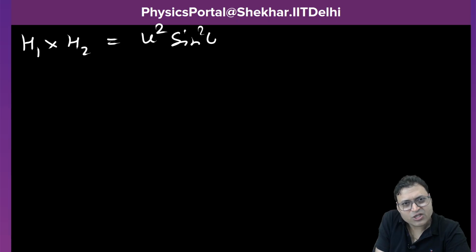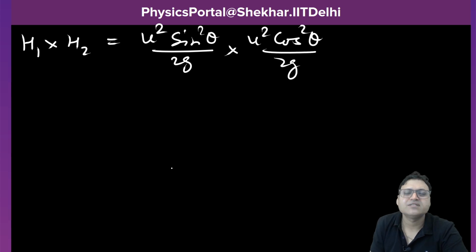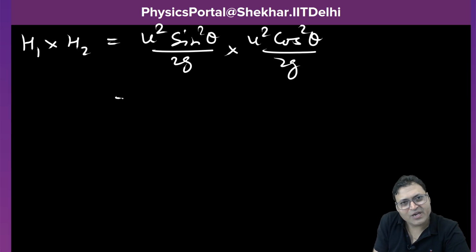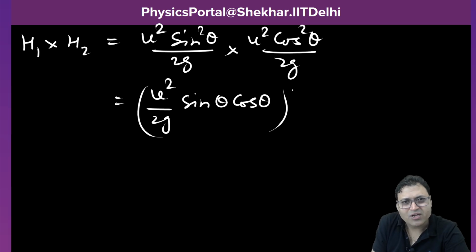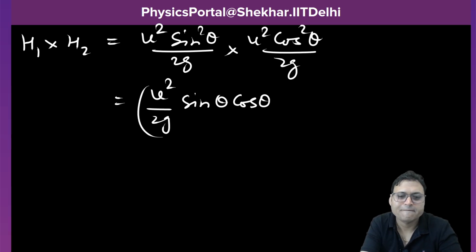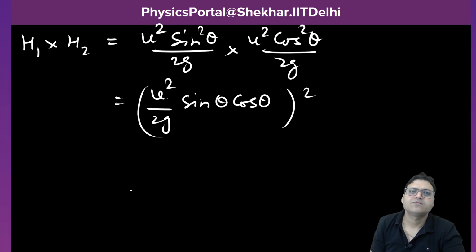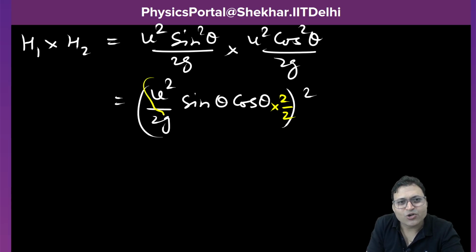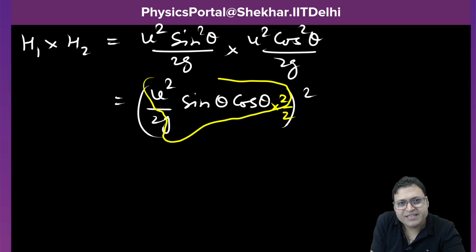Similarly, if we multiply H1 and H2, u square sin square theta by 2g multiplied by u square cos square theta by 2g, isn't it? So if we take u square by 2g, we can write sin theta into cos theta, whole square of this. If we multiply and divide by 2, u square sin 2 theta by g, this will be the range.